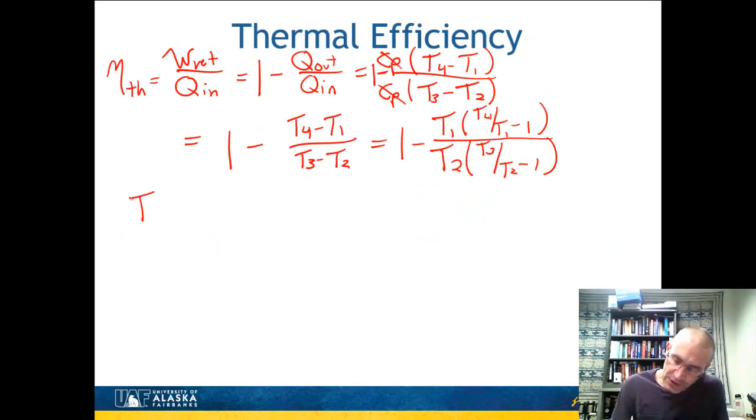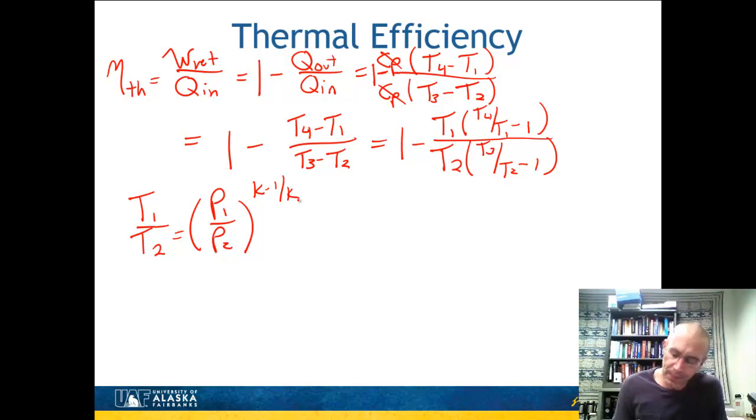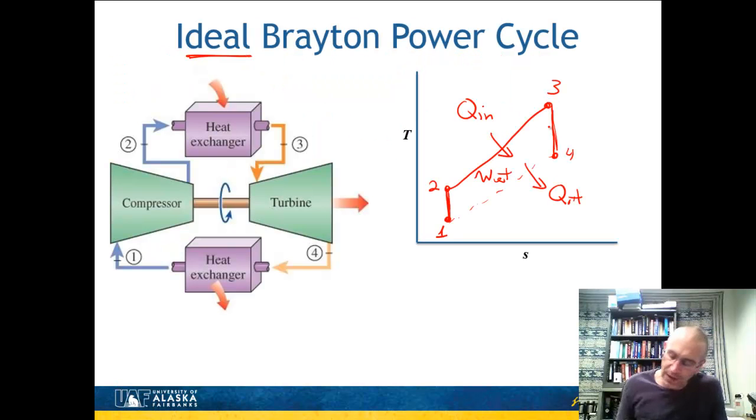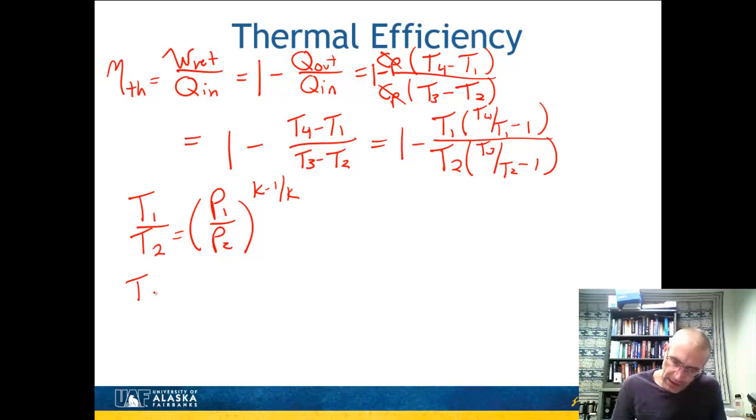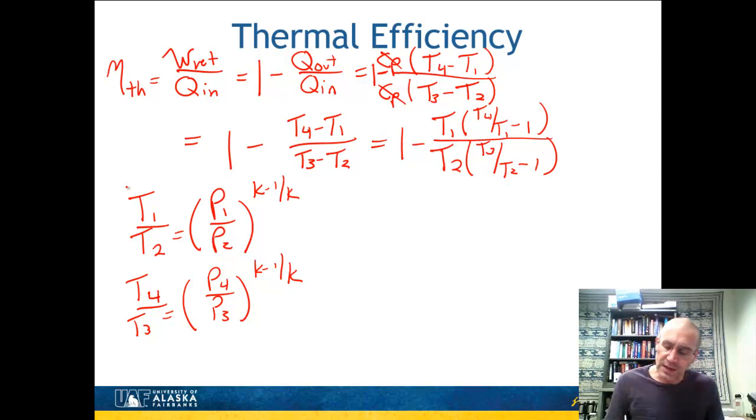If that was isentropic, and we assume a constant heat capacity, T1 over T2 for isentropic compression is going to be P1 over P2 to the (K minus 1) over K. Same thing for the turbine, 3 to 4, so I can write T4 over T3 equal to P4 over P3 to the (K minus 1) over K. That's nice because there's a T1 over T2 ratio, a 4 over 3 ratio, and again a 1 over 2. So there's some simplification that ends up happening.